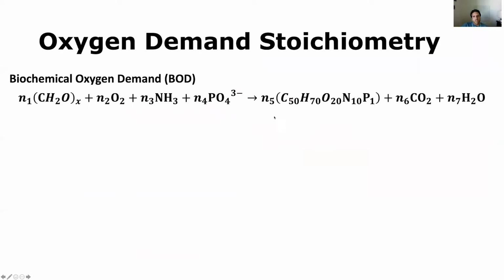This stoichiometry is showing what happens in the biochemical oxygen demand measurement. We've got this organic matter, which could be anything that's in wastewater: sugars, carbohydrates, etc., which have carbon, hydrogen, and oxygen, as well as other elements.